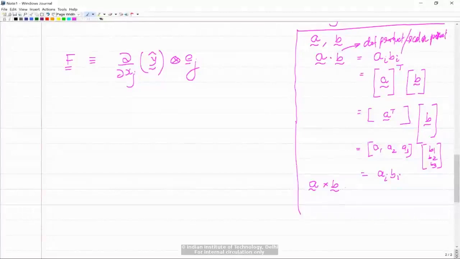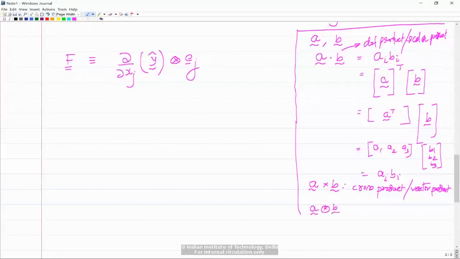Okay, whereas this thing is cross product slash vector product. And there is this third one which is called tensor product, A tensor product B.